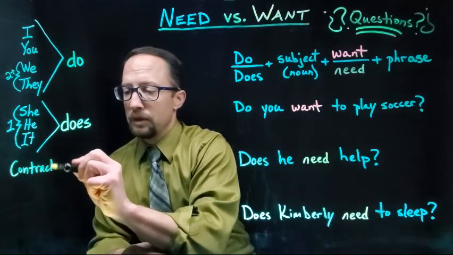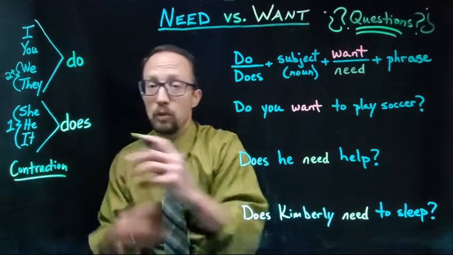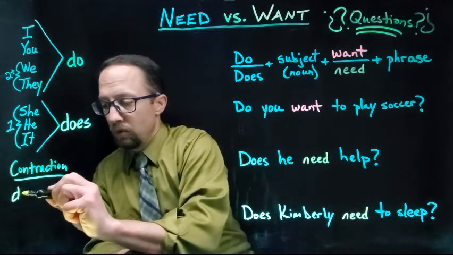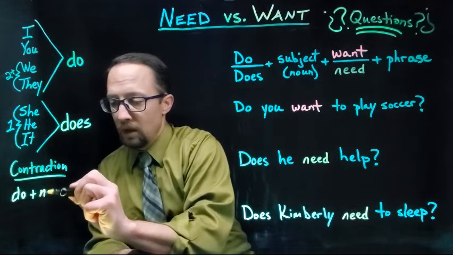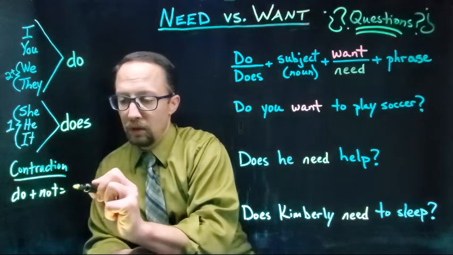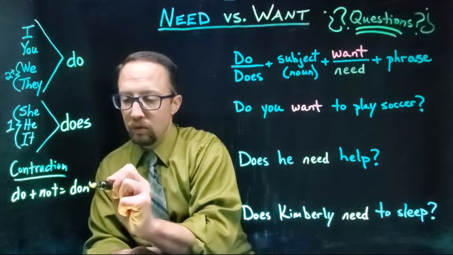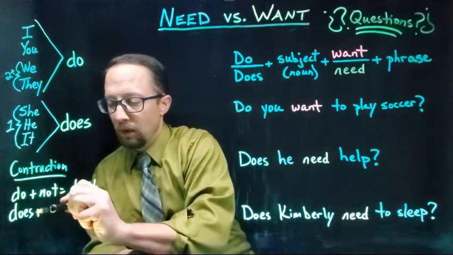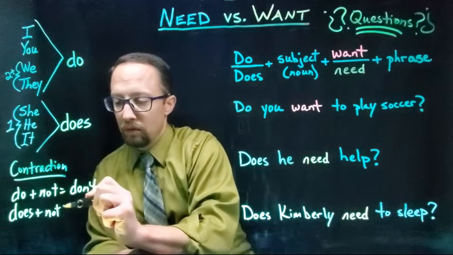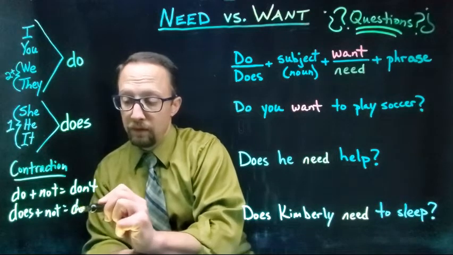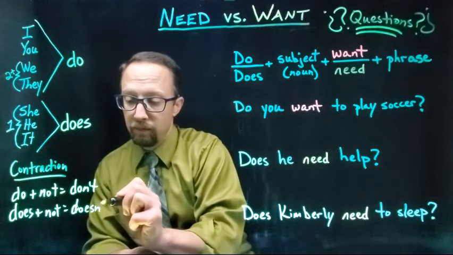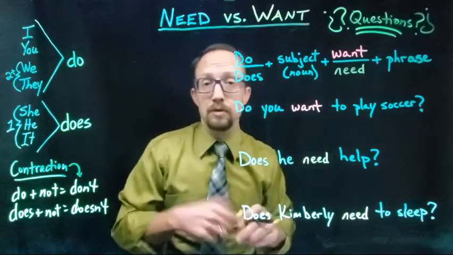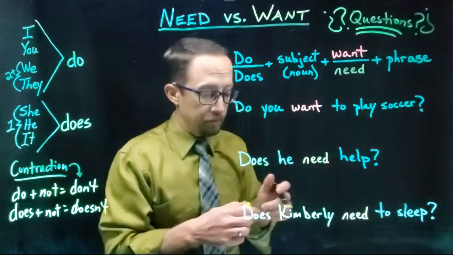A contraction is when you put two words together, like do and not can be don't. Does and not can be doesn't. Okay, these are your contractions for do and does.